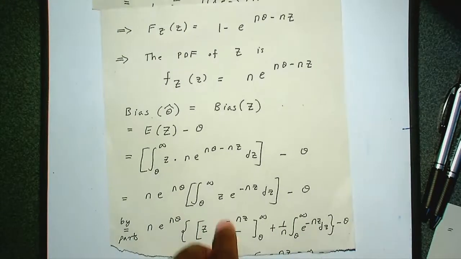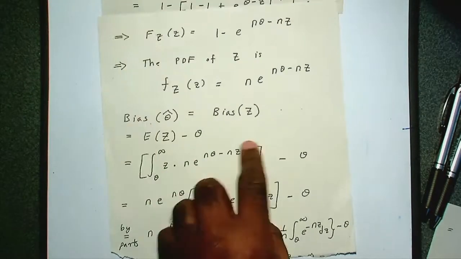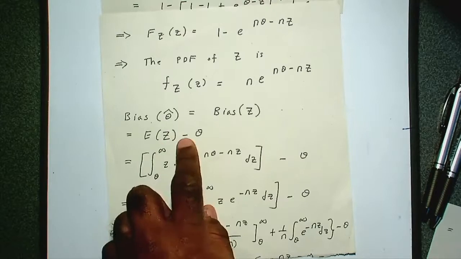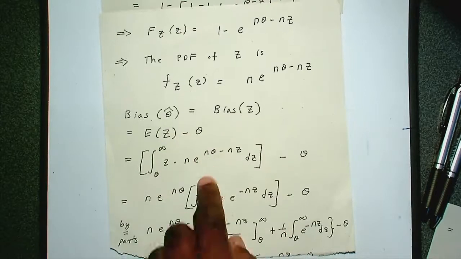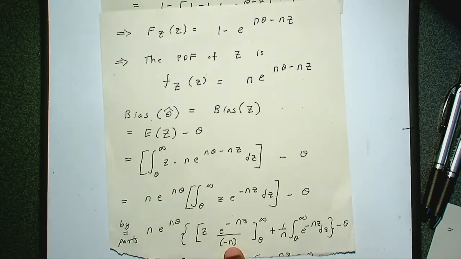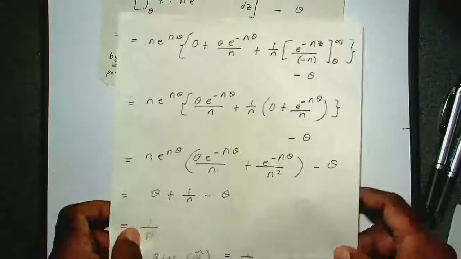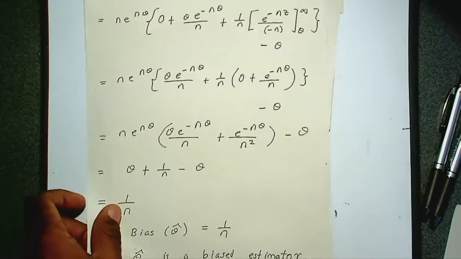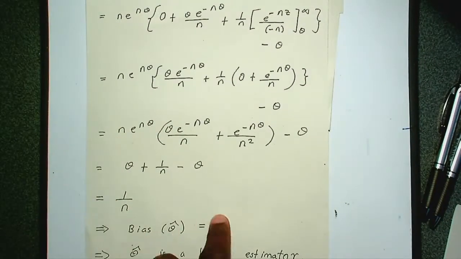You can find the bias from the PDF, and the bias, which is defined to be this, involves integration by parts. If you do that, you will get the bias to be equal to 1 over n after some standard calculations.